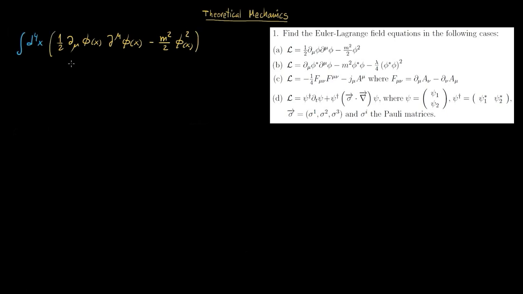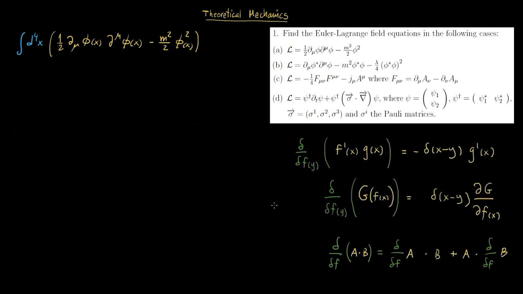And in order to do this kind of calculation, let's remember two properties that for sure will help us a lot in this chapter. Remember, if you want to calculate the functional derivative with respect to f(y) of something of this form, the derivative of f with respect to x times whatever you want to put here, then this was minus delta(x minus y) times the derivative of g with respect to x, of course.